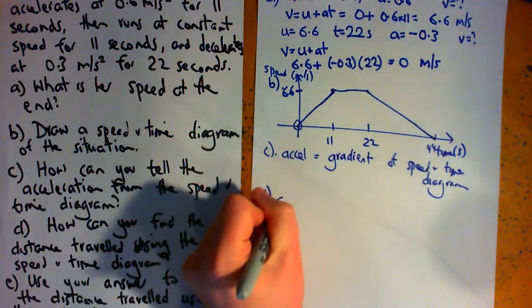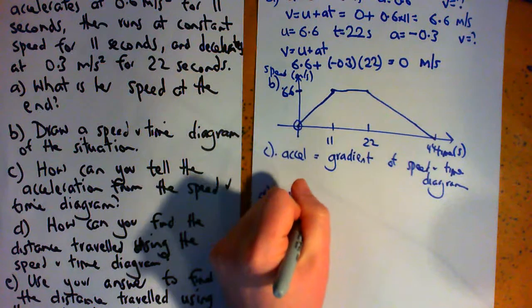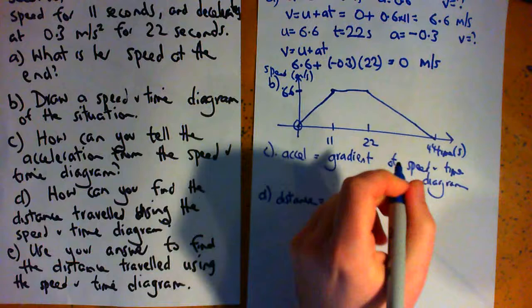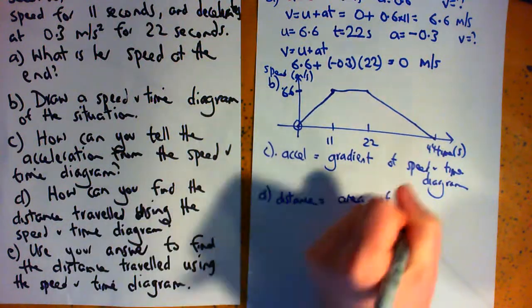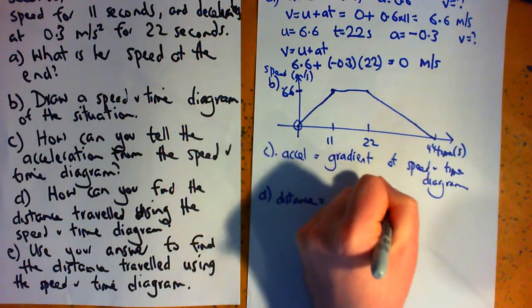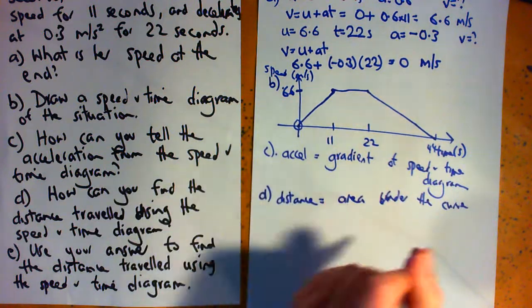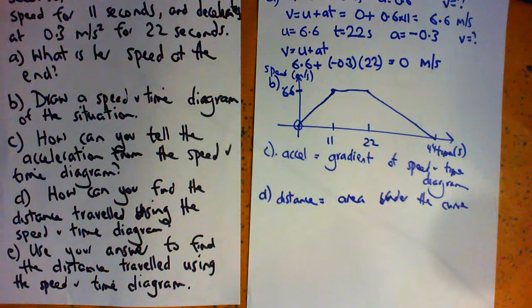The distance is the area under the curve, which we will find in part E. So distance is area under the curve, under the speed versus time diagram.